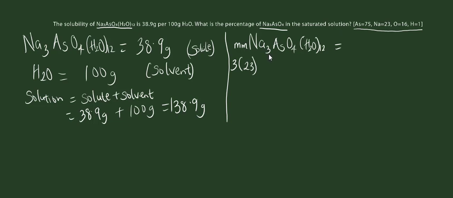We are multiplying by 3 because there's a 3 right here. Okay, good. And then arsenic, we have 75. Oxygen is 16. And water is what? Hydrogen is 1. We have a 2 here.